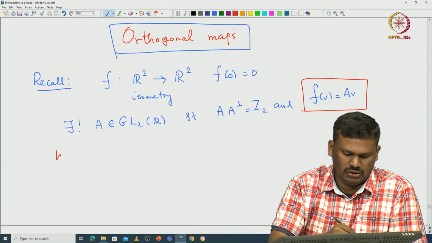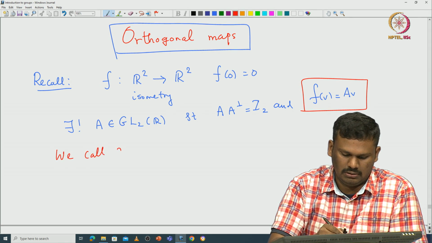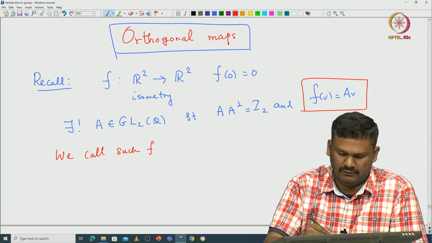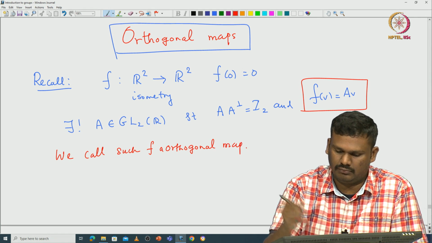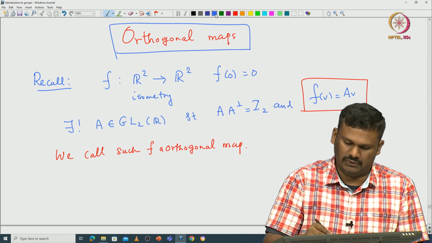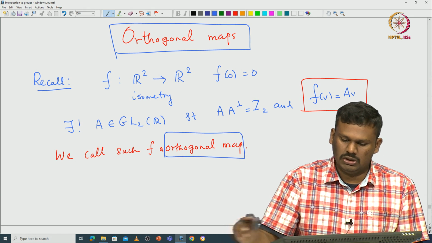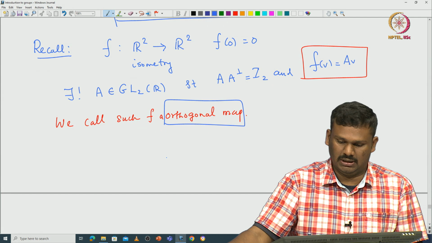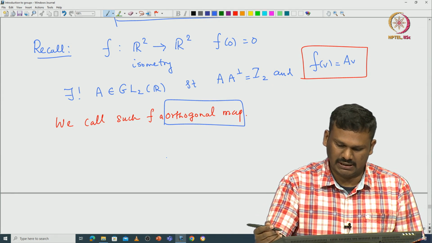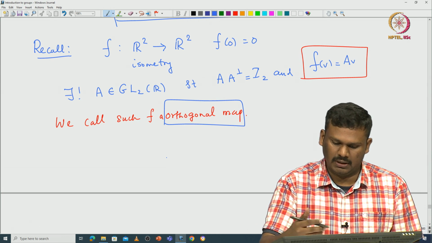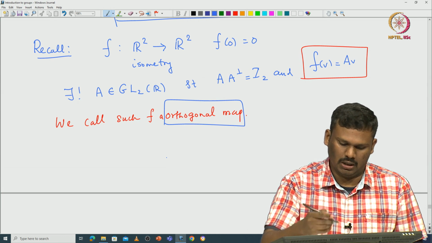Okay, so we call such f orthogonal. That is our definition of an orthogonal map. Now we want to use this information about A and try to explicitly determine what they do on R2.